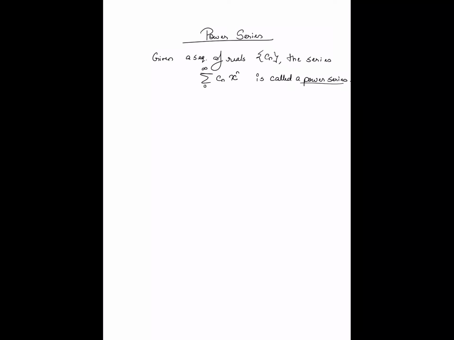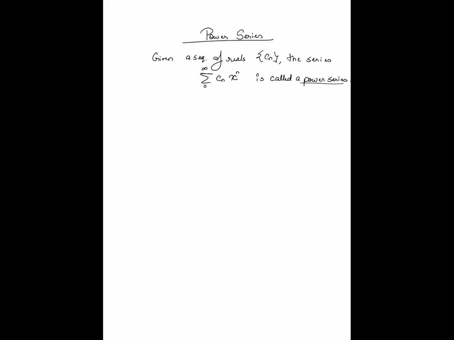So the power series is parameterized by a sequence of reals Cn. Now, typically, a power series summation starts from 0. That's just convention. The convention is to start from 0 to infinity rather than 1 to infinity, right? Of course, none of that changes anything meaningfully.